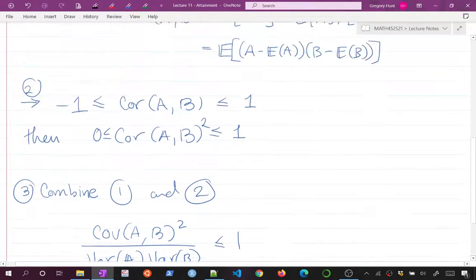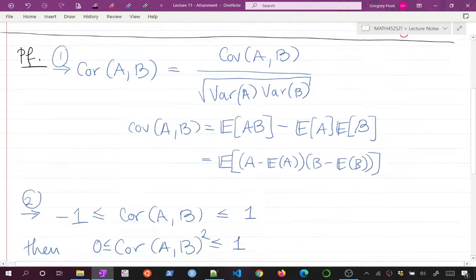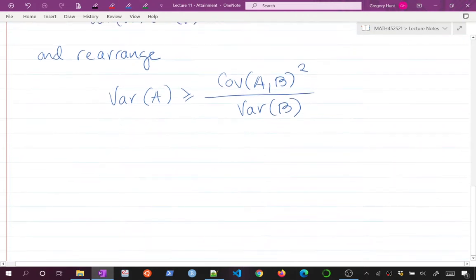If we go back up to our Cramer-Rao theorem, it's the variance of theta hat is bigger than or equal to something squared divided by something else. And what we have at this point is the variance of A is bigger than something squared over something else.